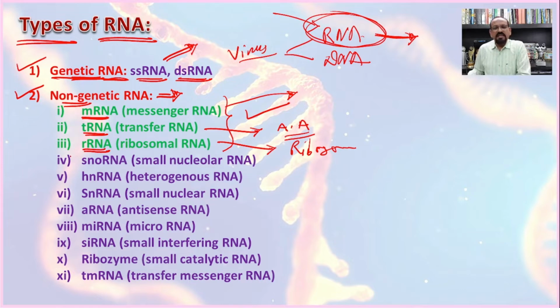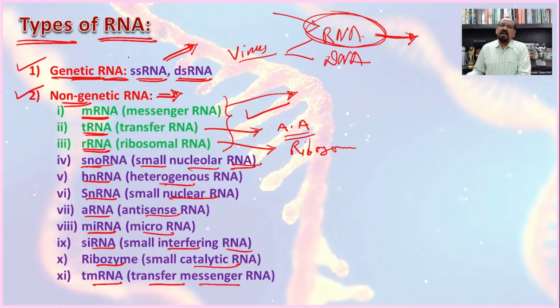In addition to these three types, there is snoRNA, that is the small nucleolar RNA, which is present in the nucleolus. Then heterogeneous RNA, small nuclear RNA, antisense RNA, microRNA, small interfering RNA, then ribozyme, that is the catalytic RNA, and tmRNA, that is the transfer messenger RNA.